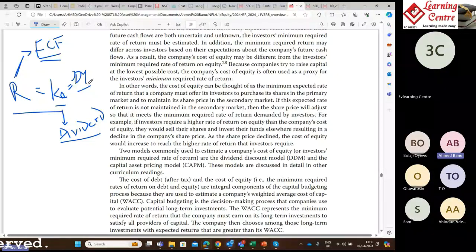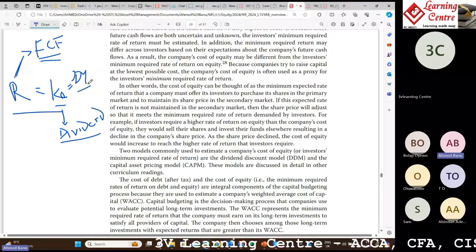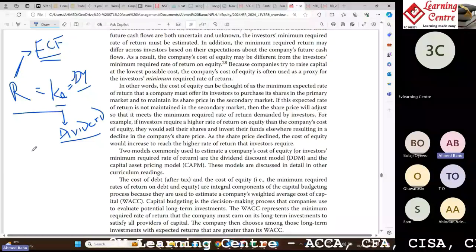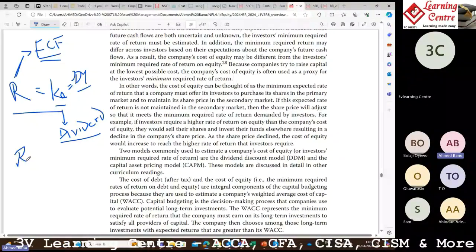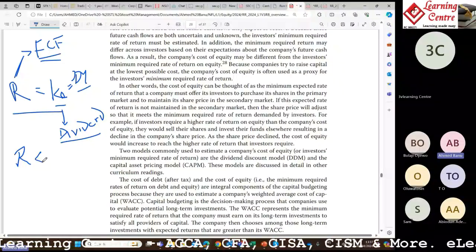So at every point in time, the company is always signaling, such that the company will pay dividends and see the way the market will react to that dividend. Because if the market is excited about that dividend, then it means that at that point in time, the investor's rate of return was less than the dividend yield.